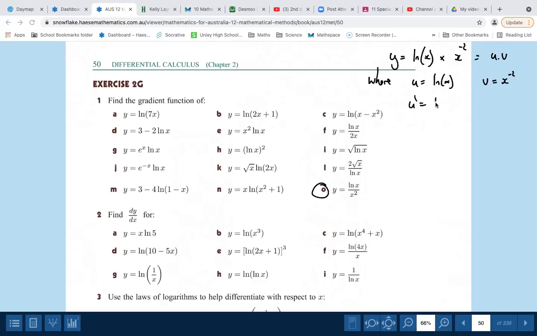So u prime is 1 on x, v prime is minus 2x, subtract 1 minus 3. Right, so the derivative there is that times that, so of 1 on x times x to the minus 2, which will just be 1 on x cubed.